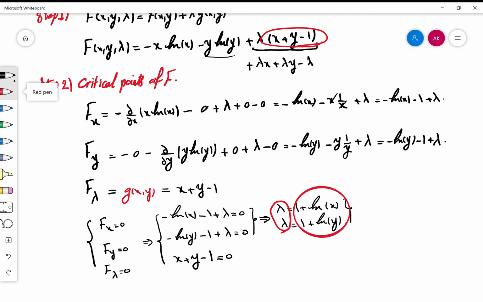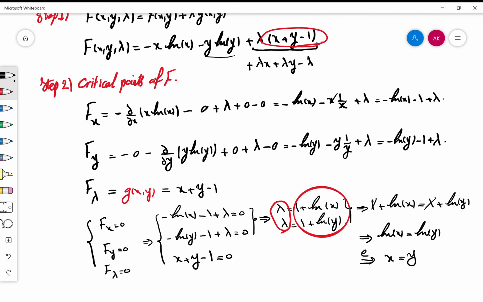That means I can write one equation. I eliminated lambda and now have an equation for x and y. The ones cancel and I get ln x equals ln y. Then we can exponentiate both sides and get x equals y.